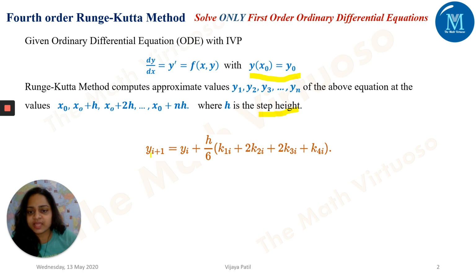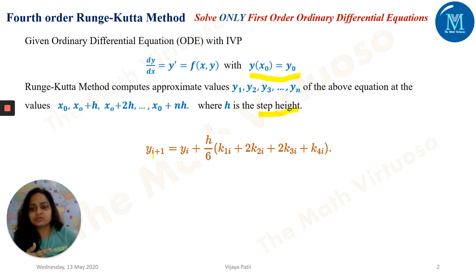The formula is y(i+1) = yi + (h/6)(k1i + 2 k2i + 2 k3i + k4i), right? If you observe this, y(i+1), the next value of y, depends on the previous value of y.